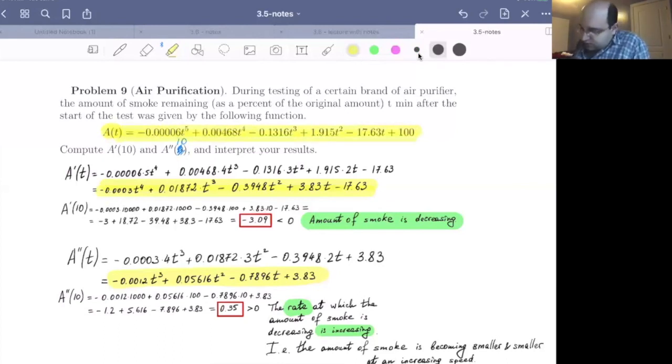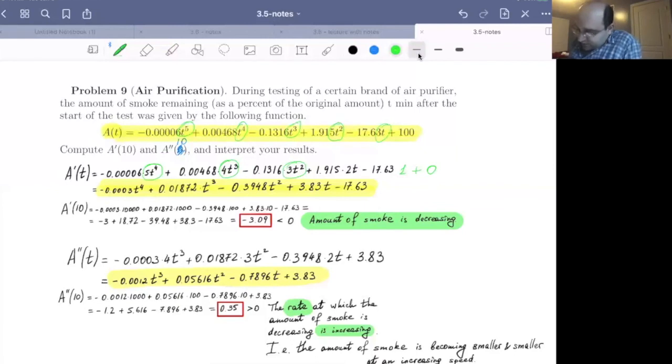It's a simple polynomial, so the derivative is equal to negative the constant times the derivative of t to the power 5, which by the power rule is 5t to the power 4, plus a constant 0.00468 times the derivative of t to the power 4, which is 4t to the power 3, and then similarly a constant times the derivative of t to the power 3, plus another constant times the derivative of t squared, and then you have a negative 17.63 times the derivative of t, which is 1, plus the derivative of 100, which is just 0 because 100 is a constant.